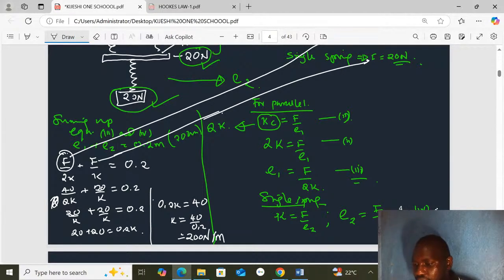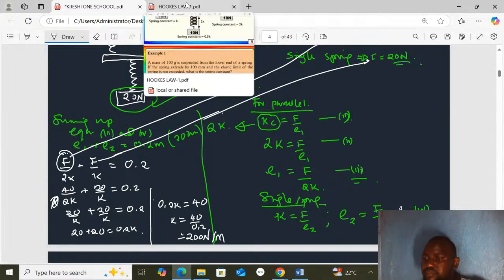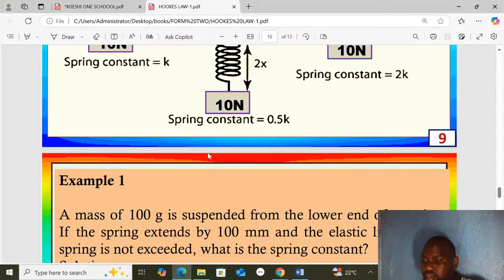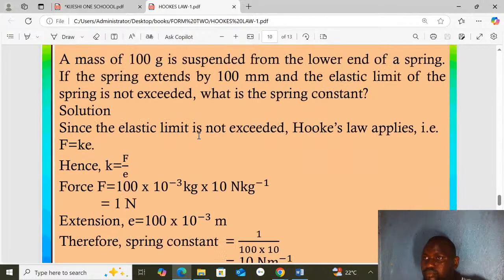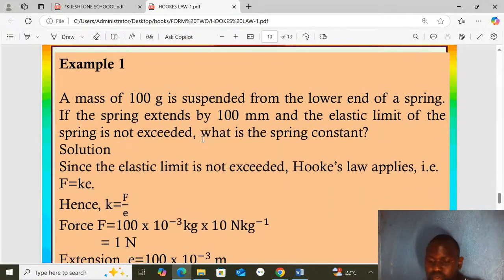We may also have several others which are not that complicated. For example, should we call this one our example 4?